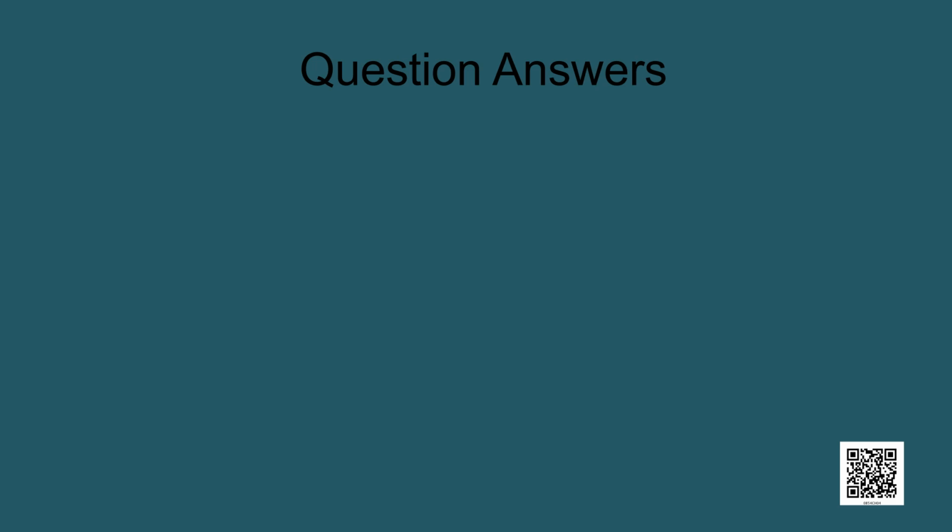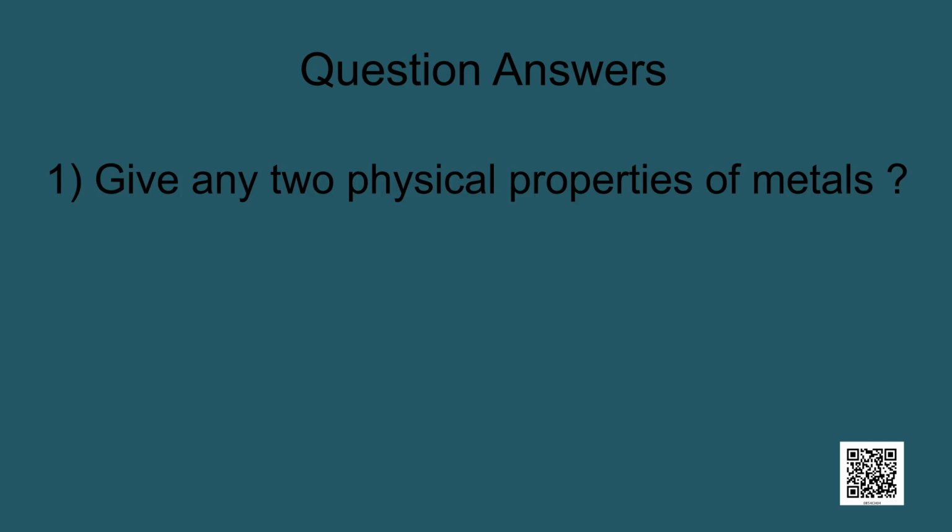Dear students, now let's practice some question answers, and I hope you all know the answers very well. Question number 1. Give any two physical properties of metals. Yes, metals are hard, malleable, ductile, sonorous, and so on. We can take any two properties from these. Question number 2.